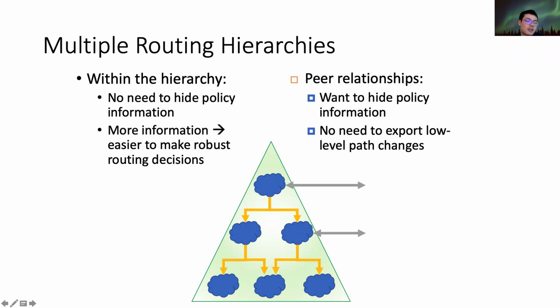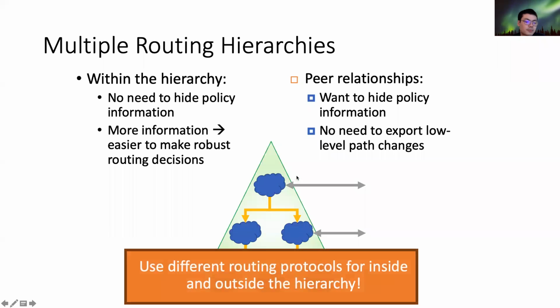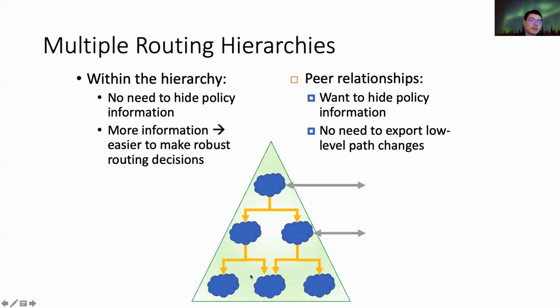So it's more transparent. If you find something misconfigured, you immediately know that. Other people's policy, you know this. More information means it's more robust. To make routing decisions, you immediately know, hey, I should take this route if that one is down. So internally you know everything.